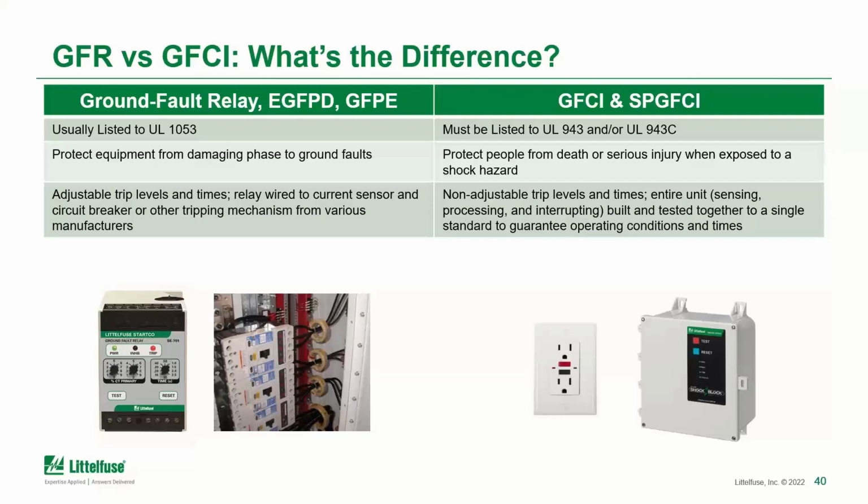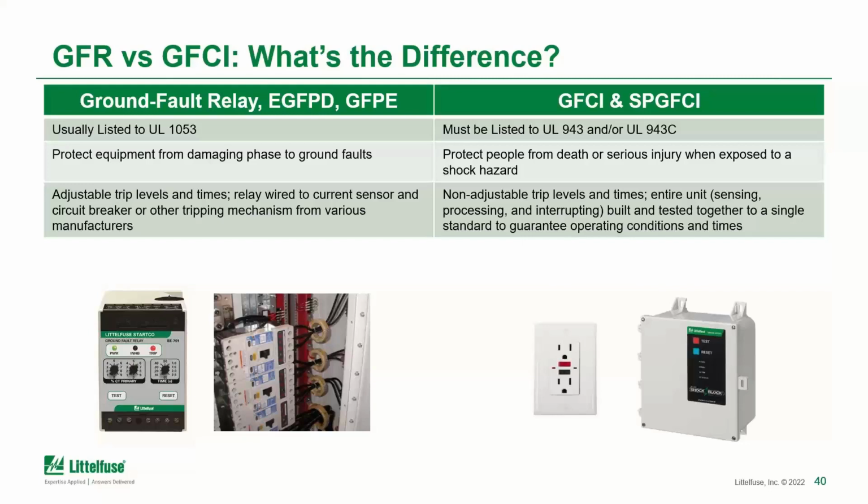So a GFCI, on the corollary, because it's designed for personnel protection, is really meant to be as straightforward as possible, so that people cannot go in and monkey with the settings and turn it out of range or make it so it's no longer effective at its protection.